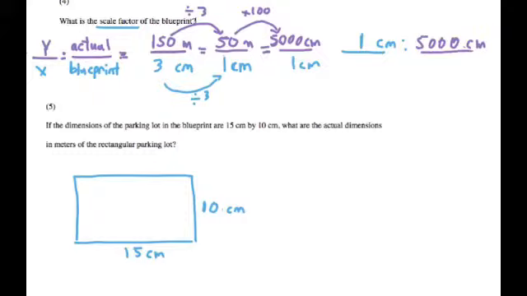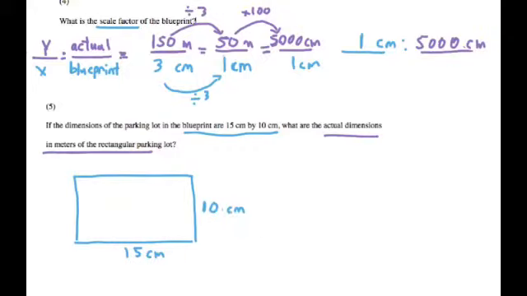Question 5. If the dimensions of the parking lot in the blueprint are 15 centimeters by 10 centimeters, what are the actual dimensions in meters of the rectangular parking lot? So this is a diagram of our parking lot on paper, 15 centimeters to 10 centimeters.